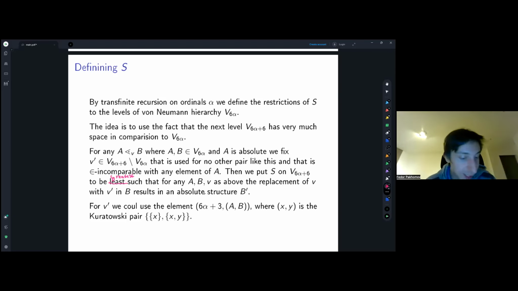Anyway, it doesn't really matter. The point is that this particular element has its membership independent from everything from level 6 alpha of the von Neumann hierarchy, and it's inside level V6 alpha plus 6, and not inside V6 alpha.